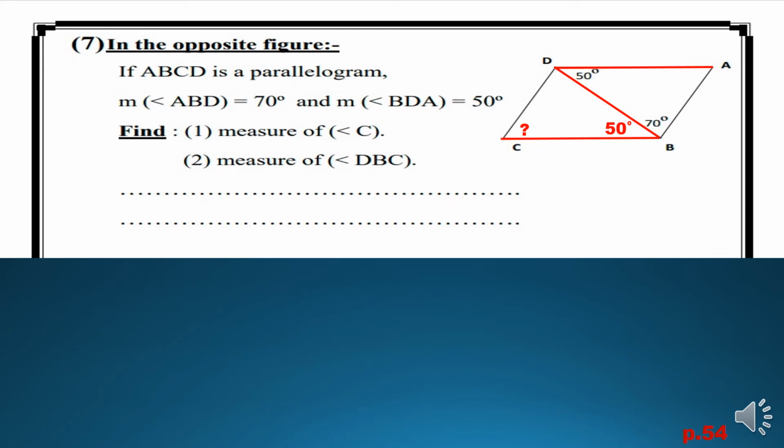And then to get measure angle C, it will be equal to 180 minus (70 plus 50), which equals 60 degrees. And then number 2, I want the measure of angle DBC. Already I got DBC equal to 50 degrees as they are alternate angles.